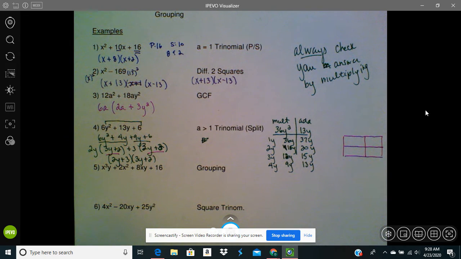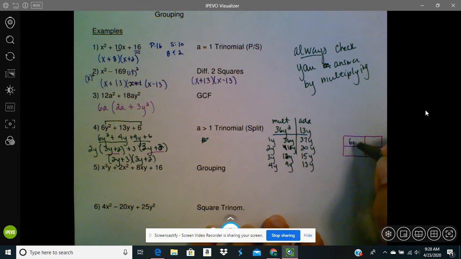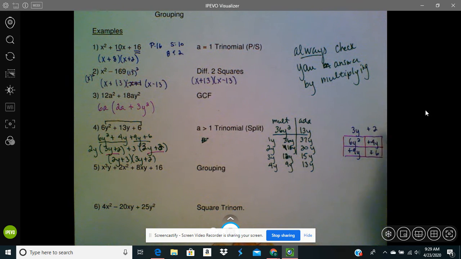All right, I'm going to fill in my 4 terms. I've got 6y squared plus 4y plus 9y plus 6. All right, what's the greatest common factor here? 3y. The greatest common factor in this column is 2.